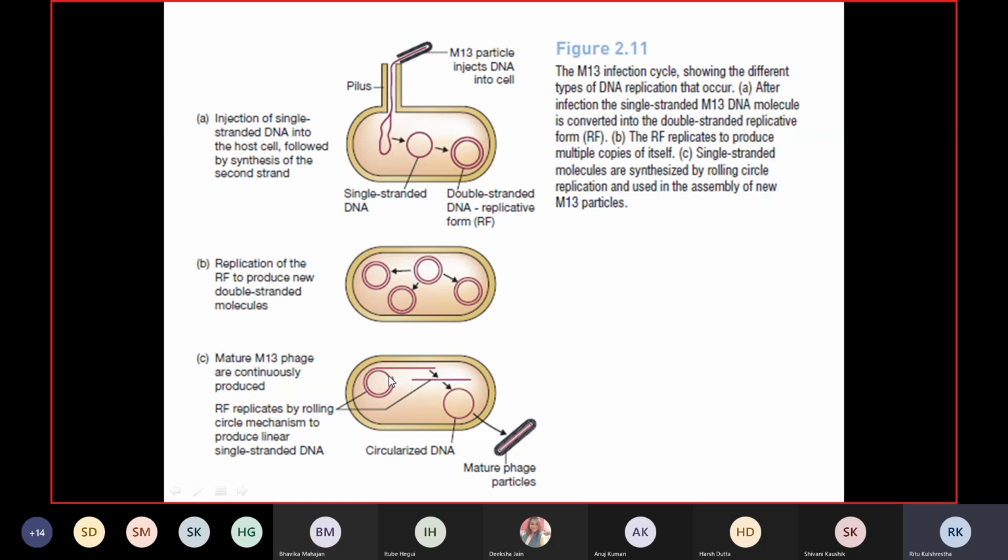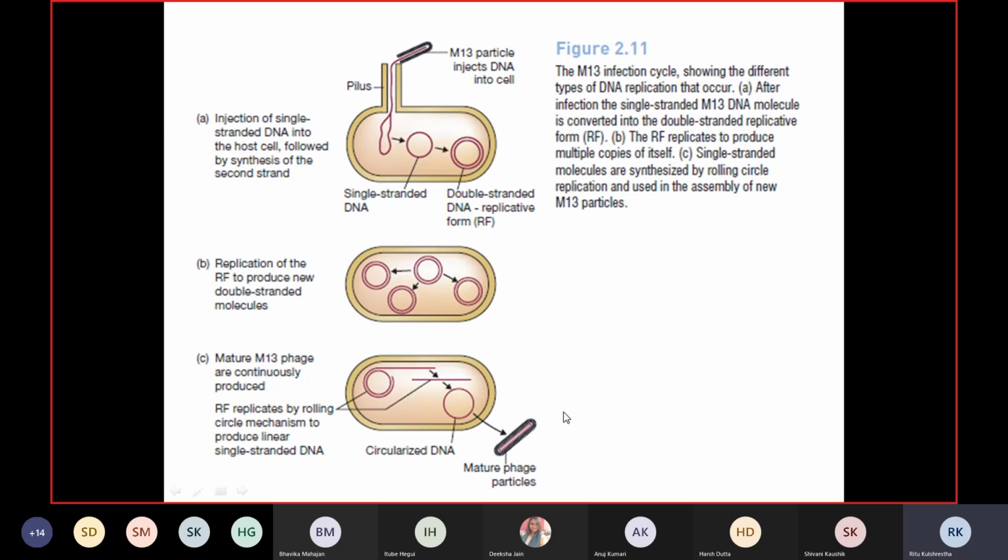Once it makes a nick here, the displaced strand is cut at the terminal site, and what we get is the circularized single-stranded DNA. This single-stranded DNA is then packaged into the phage head near the membrane of the bacteria, and these are ejected as mature phage particles.